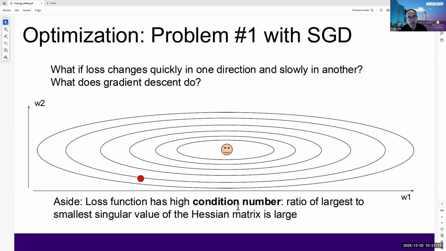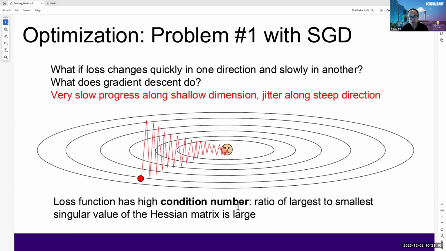As a result, this will be very hard to optimize. If we have that kind of problem and use SGD, you will get very slow progress along the shallow direction. Along the direction where the loss changes quickly, it will move really fast, but because of the step size it will overshoot, come back, overshoot, come back. So it will jitter along the steep directions.